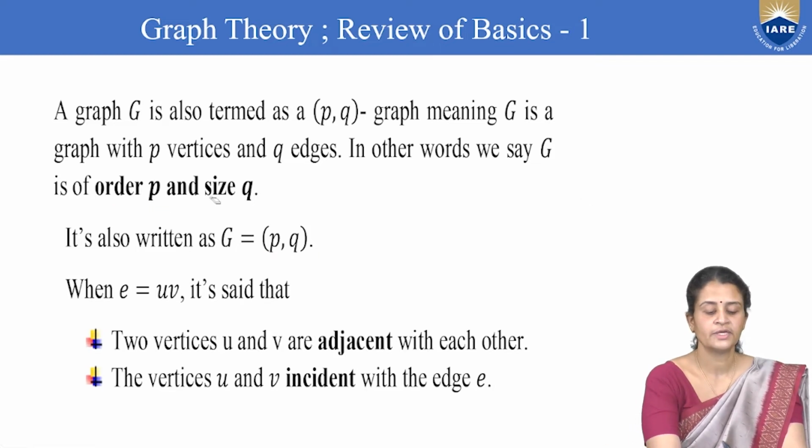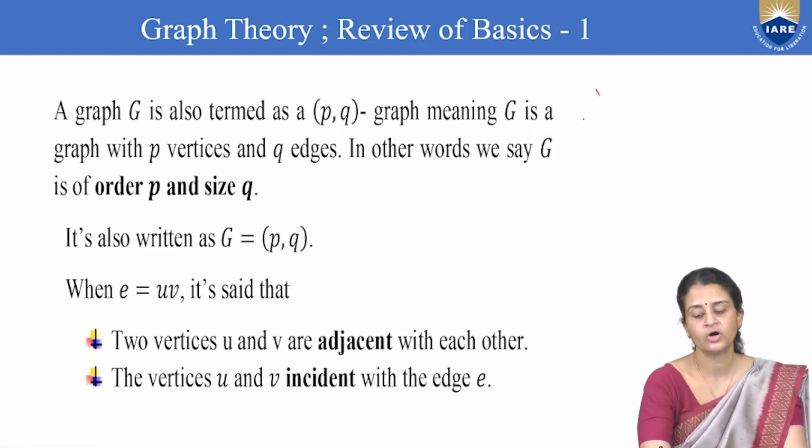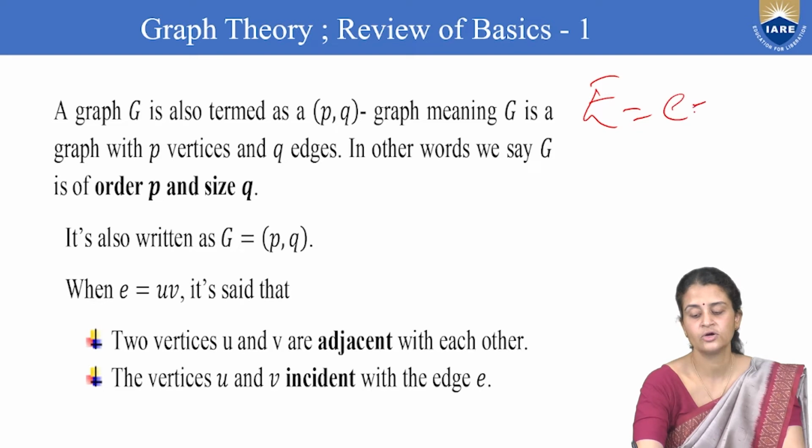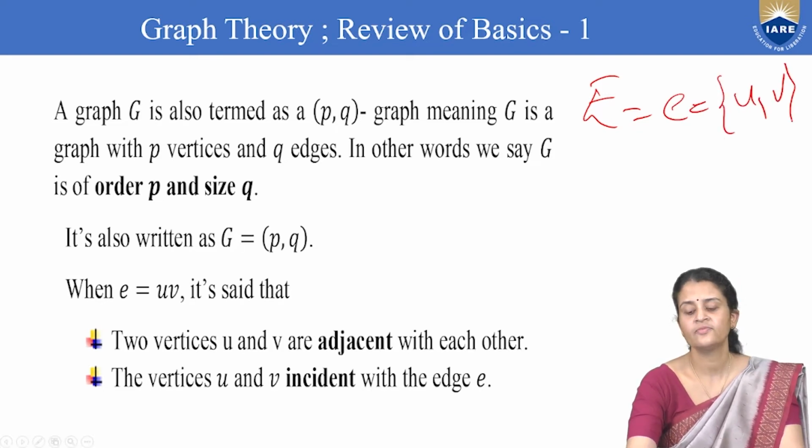When we say that e is an edge, e equal to uv, then we say that u and v are the endpoints of the edge e. It is also said that the edge e is incident with the vertices u and v.